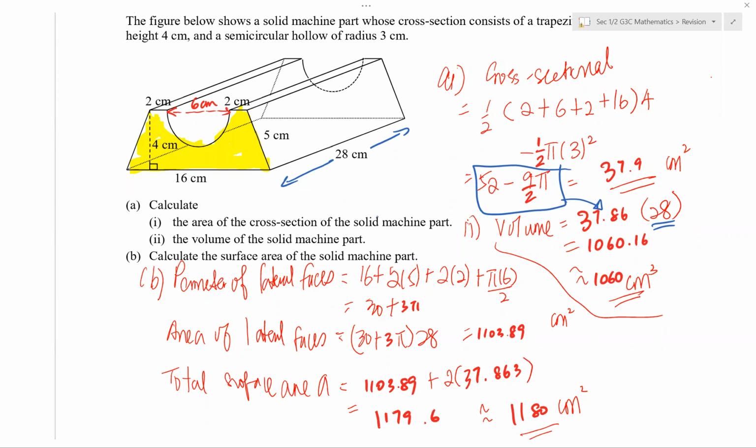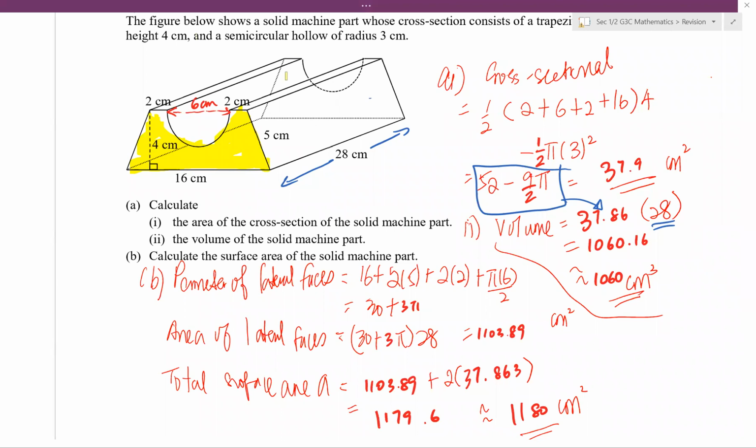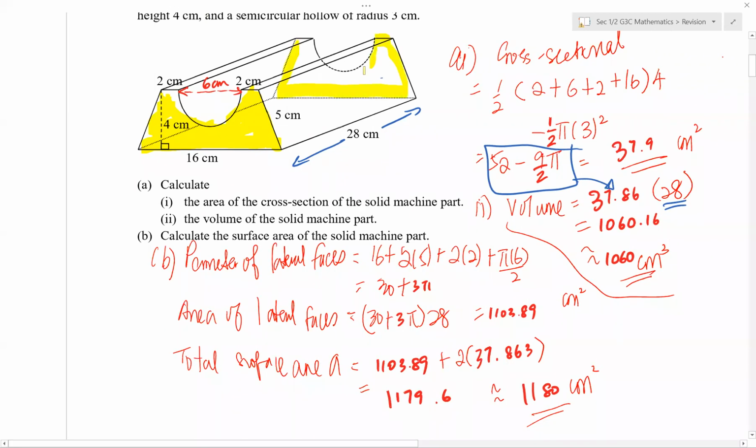This is the 2 yellow highlighted portion. Plus 1. We need the lateral faces, meaning everything else that is not the cross-sectional area. So the yellow portions are the same. In addition to these 2, we need the surface areas of everything else that we can touch.